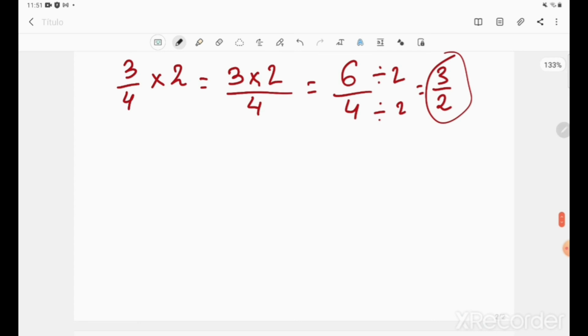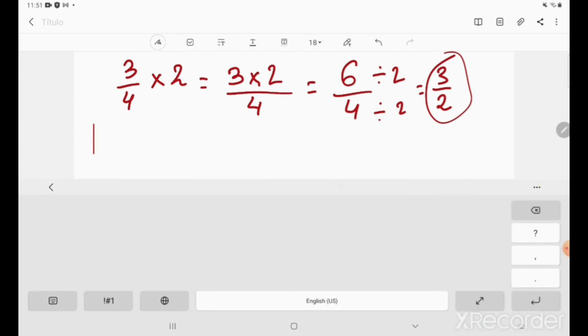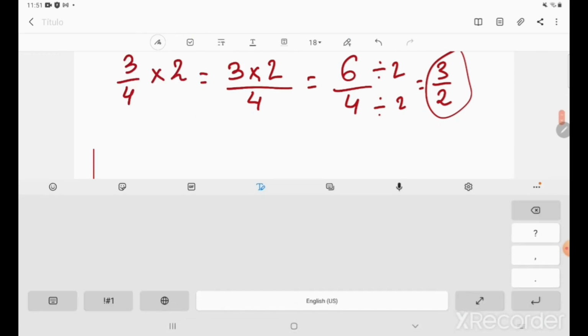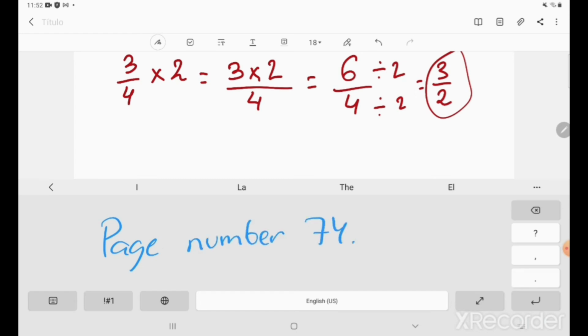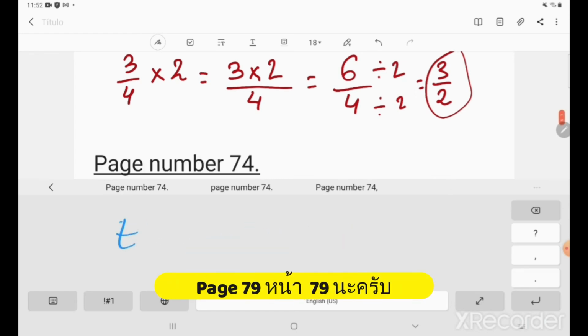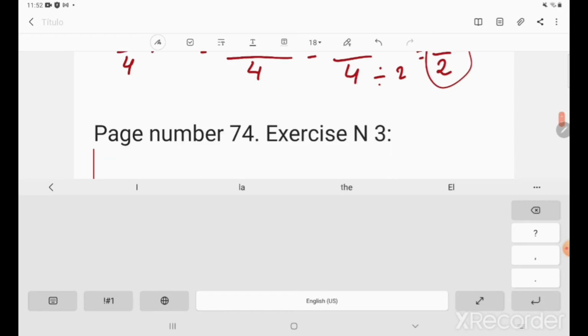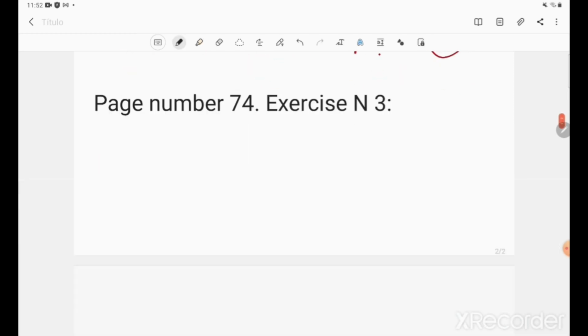One more example. For example, page number 74, exercise number 3. Okay, there we go.